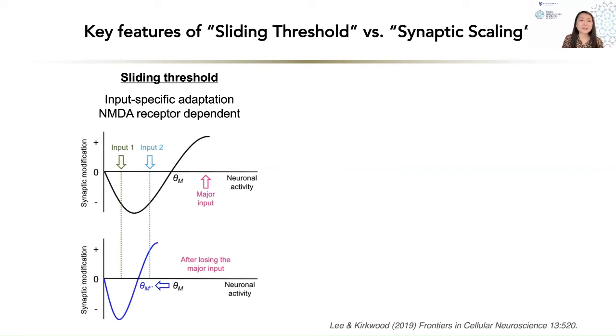So the sliding threshold model, as I briefly explained, involves this threshold of synaptic modification moving back and forth as a function of past neural activity.